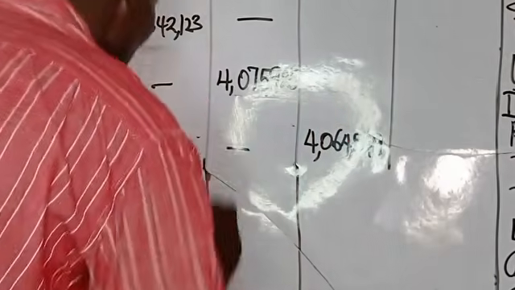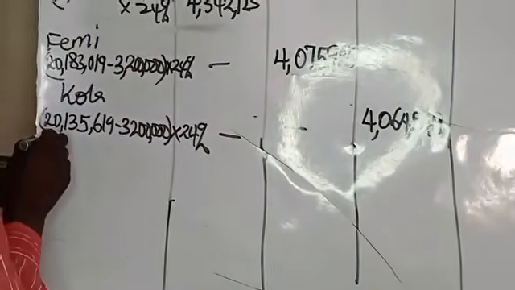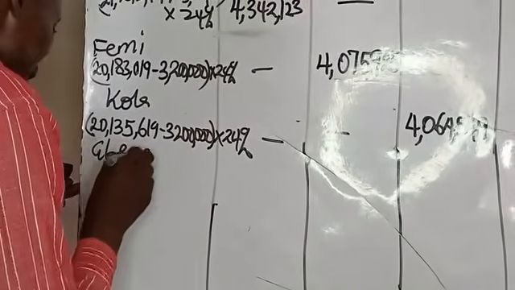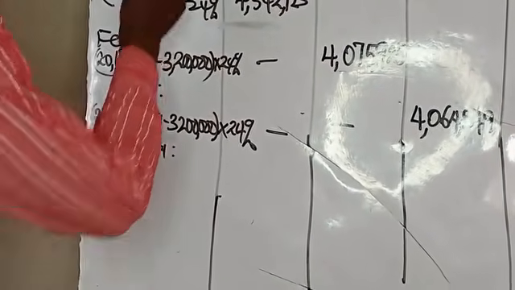That is for Kola. The last person is Benga. The chargeable income of Benga is 20,111,919.